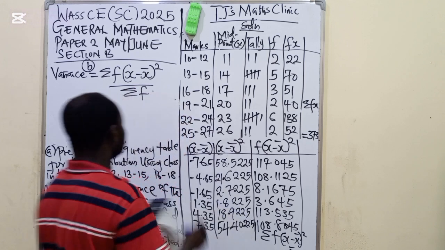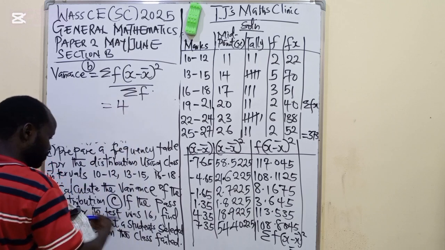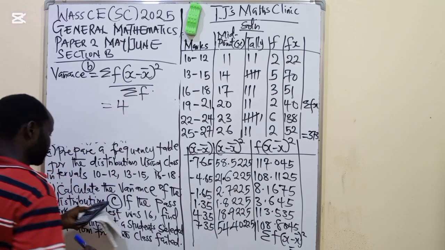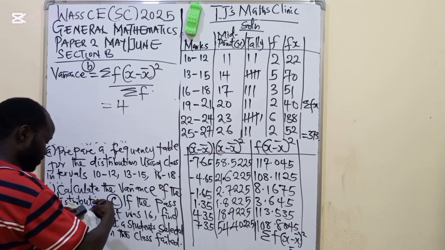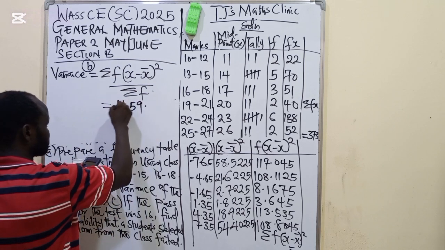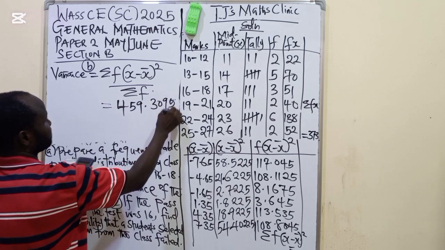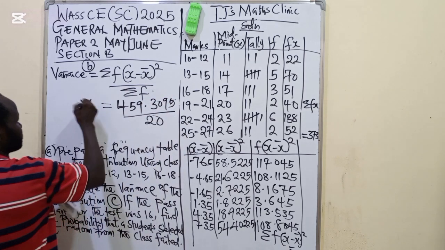What do we have? We have 459.3095 divided by 20. Now this is our variance now.